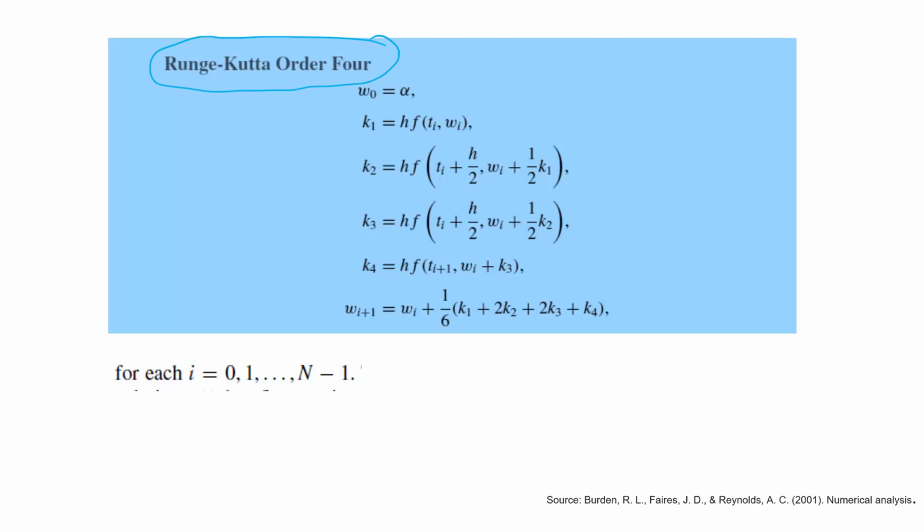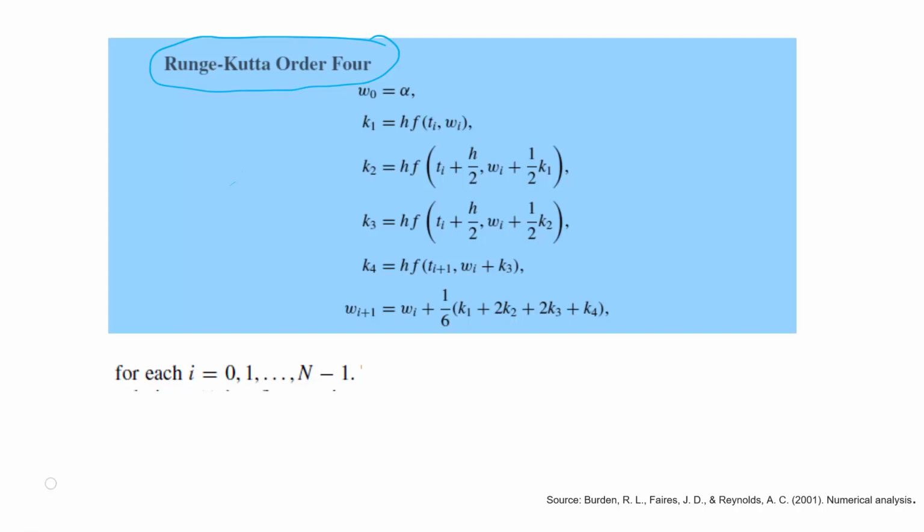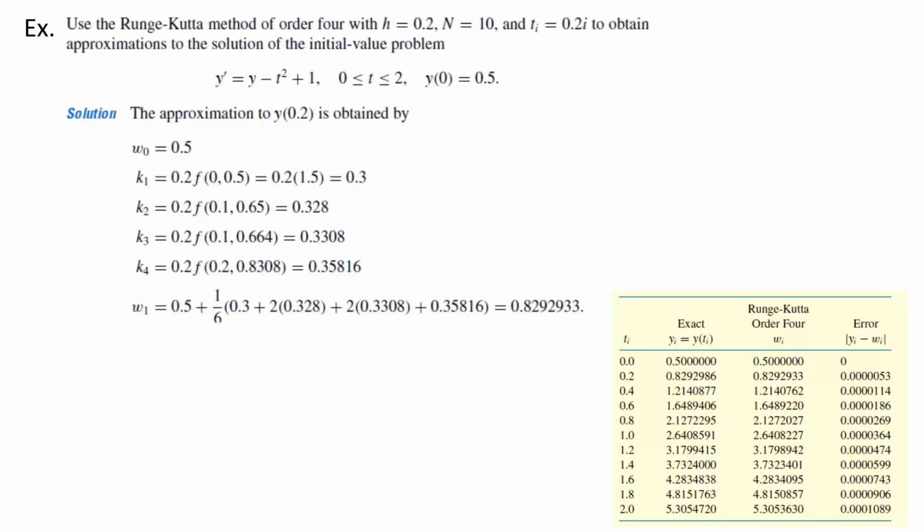You can see that here we have K1, K2, K3 and K4. So these are nothing but the 4 tangents, and if we average them, we will get the Runge-Kutta fourth order formula.